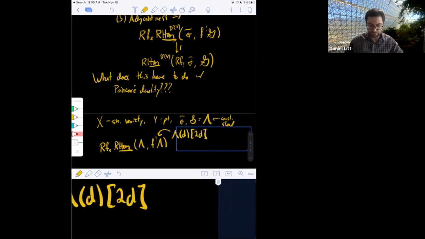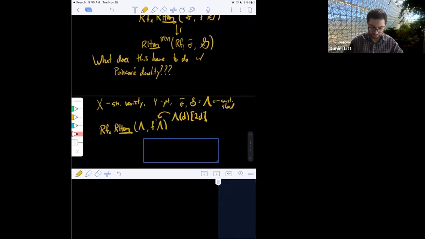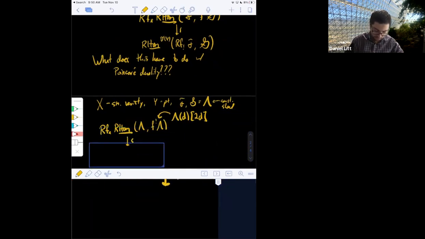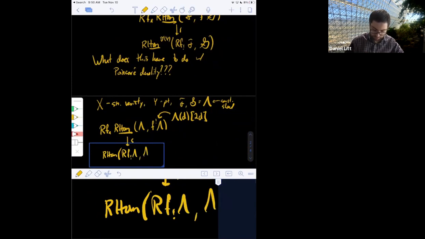This shift means we put it in degree minus 2D. This is supposed to be isomorphic to R Hom. This is now on the point, so I can erase the underline. It's just R Hom of R F lower shriek of lambda into lambda.